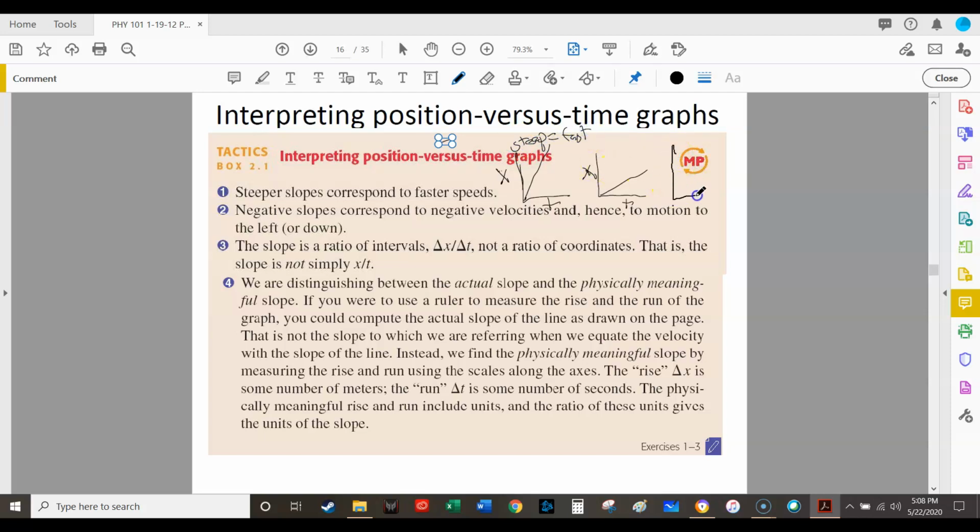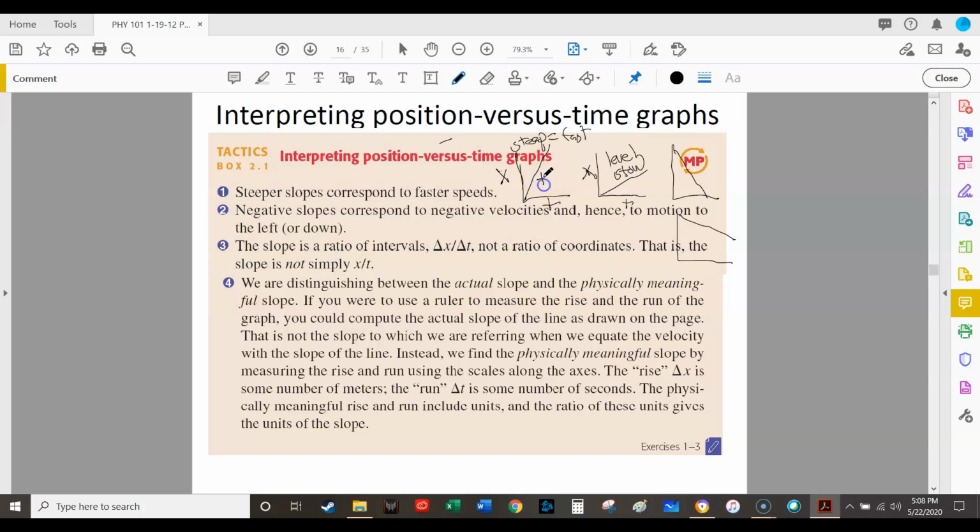Because you could have a negative slope that is very steep, and that's a steep slope. And then this slope here, not as steep. Oops, I should make that a little bit more interpretable. So this is steep, and this is level, slow.